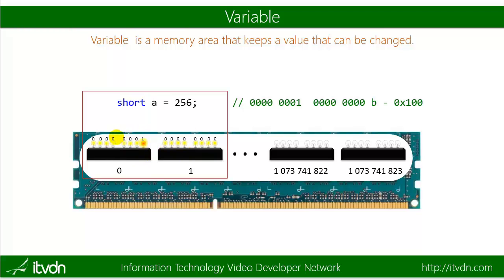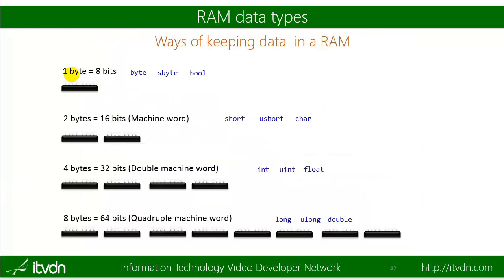Remember, for byte we have 1 byte. For short we have 2 bytes. Let me just remind you. Here we have it. A byte, we have 1 byte. For short, U short, char, we have 2 bytes. For int, U int, float, we have 4 bytes. For long, U long, double, we have 8 bytes.